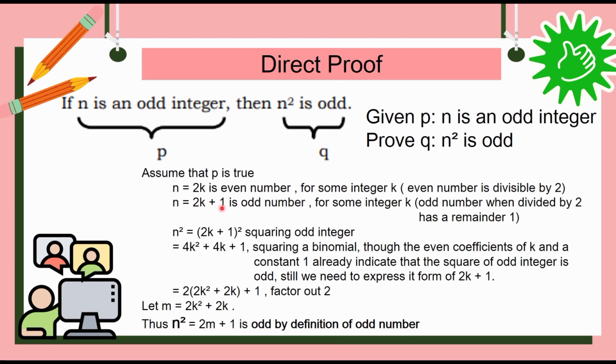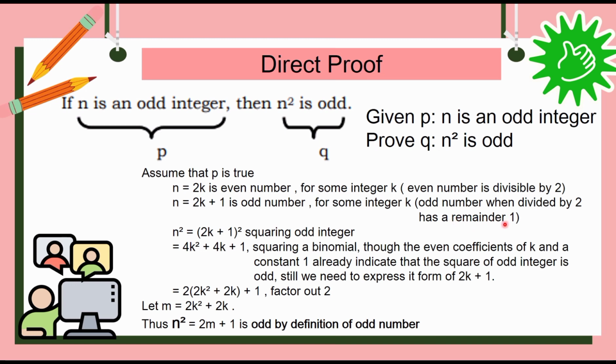Let's say 2 times 1, 2. And then plus 1, it becomes 3. So 3 is an odd number. So for some integer k, odd number when divided by 2 has a remainder 1. So kapag kayo'y nag-divide ng 2 sa ating odd number, lagi tayong magkakaroon ng remainder na 1.